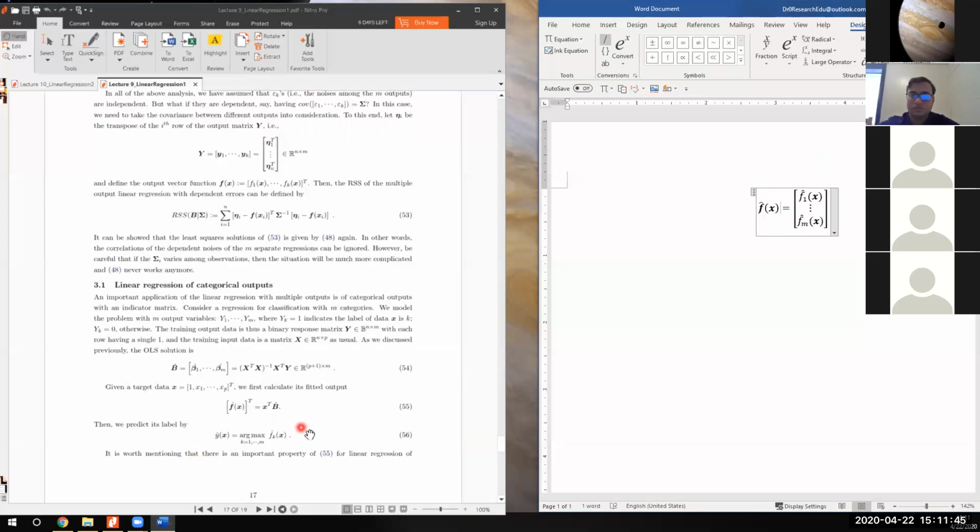There's no absolute value, be very careful. The largest f hat k, we use this k to predict the label of x. The k that gives the maximum f hat x.